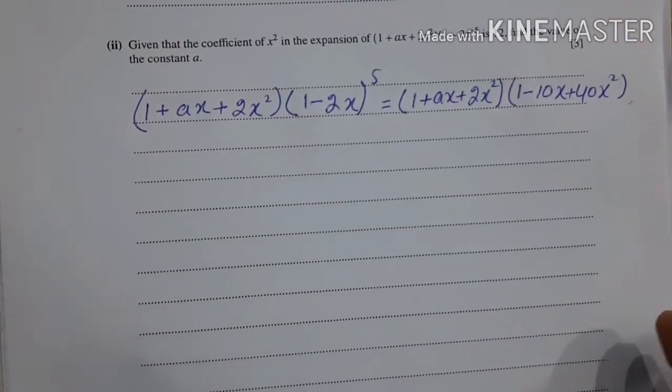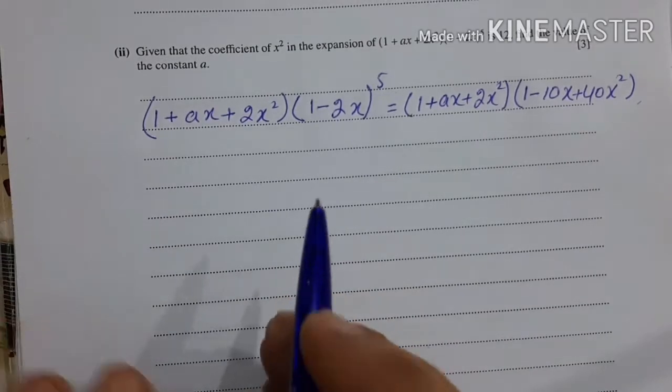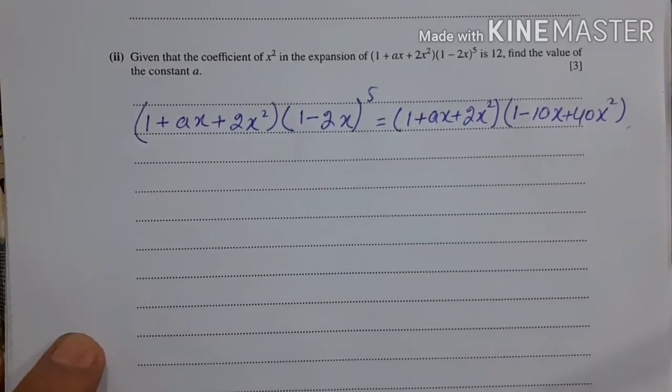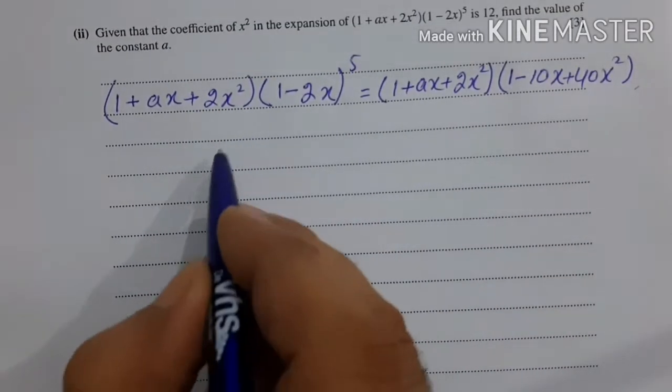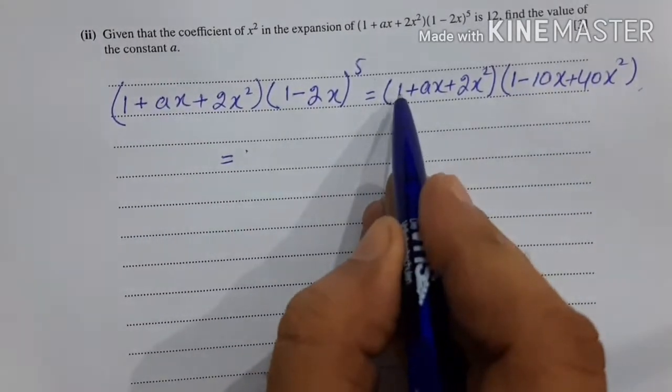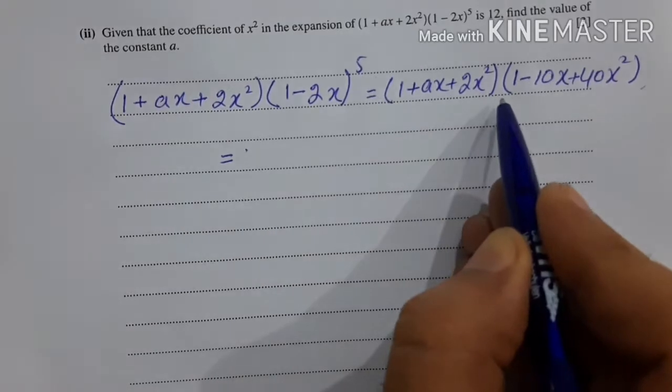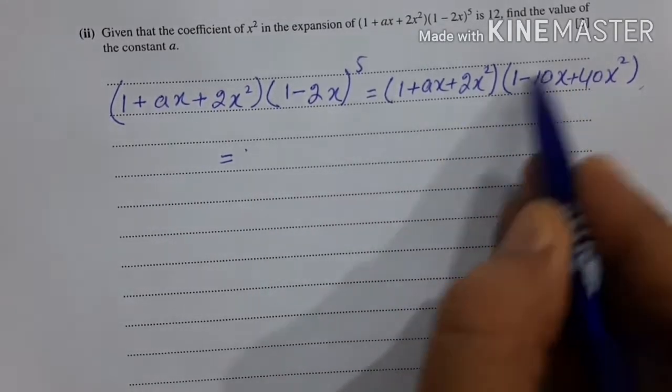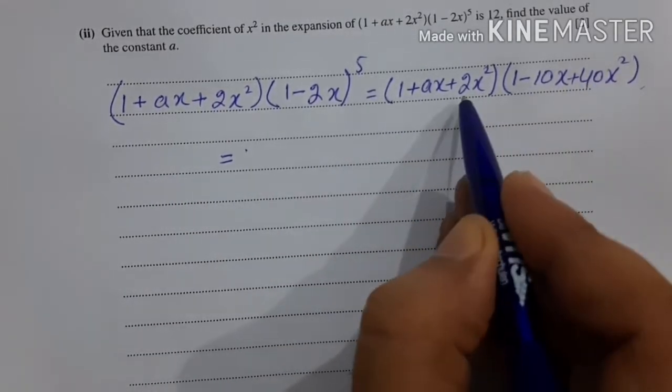Okay, now start multiplying. I'll first multiply this whole term with 1, then this whole term with ax, then this whole term with 2x square.